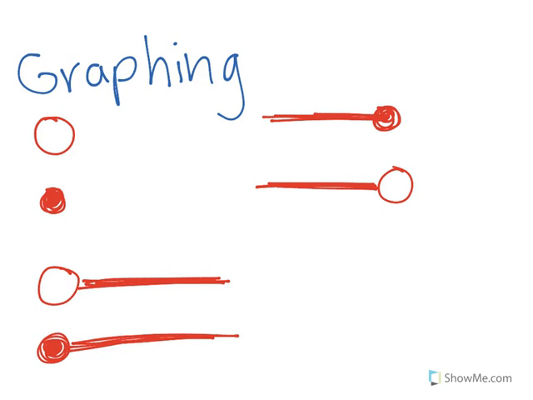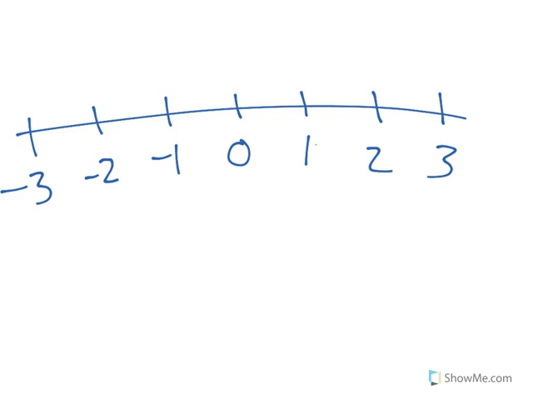Very well. Now, graphing. These are some things that you will see when you have a number line. When you have a number line like this, you will find sometimes just a circle around a number, a filled circle, maybe a circle and then something to the right, or maybe something to the left, and we will find what all of those mean.